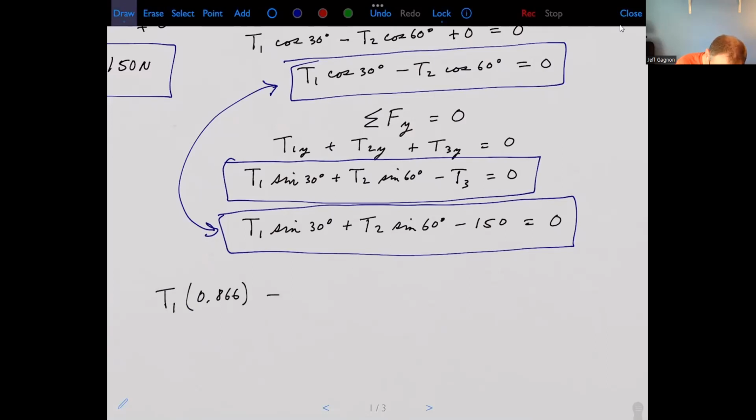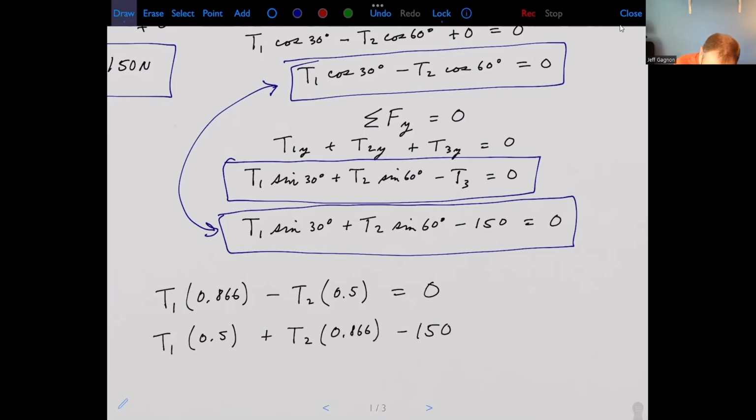Then I have minus T2 times cosine of 60, which happens to be a half, so 0.5. That's got to equal 0. And then if I do the second equation, I have T1 times sine of 30, which is a half, plus T2 times sine of 60, which is 0.866, and then minus 150 is equal to 0. Okay, so those are our two equations by two unknowns.